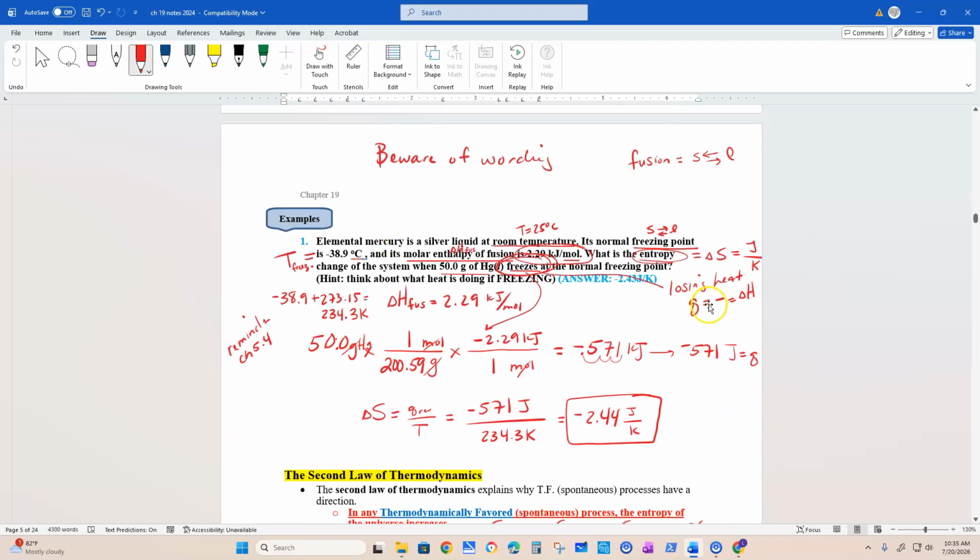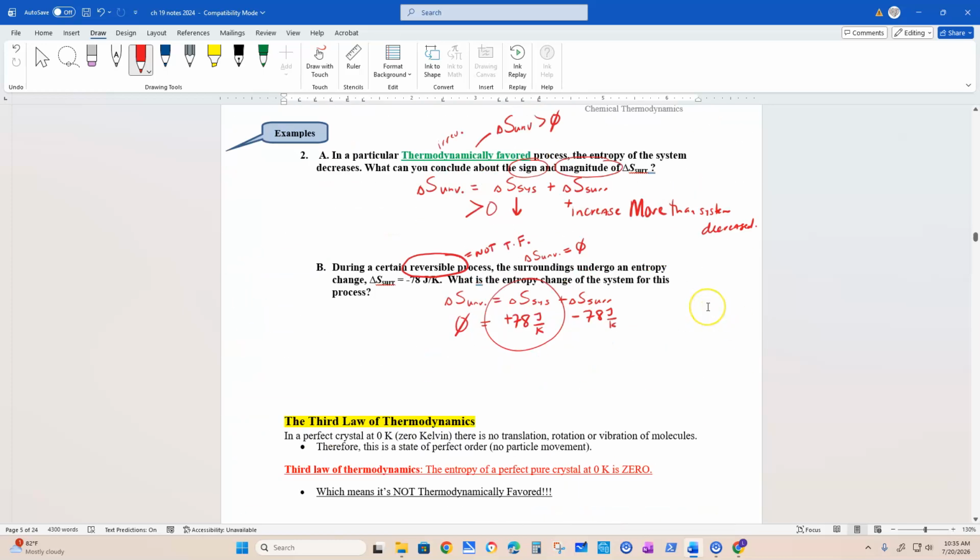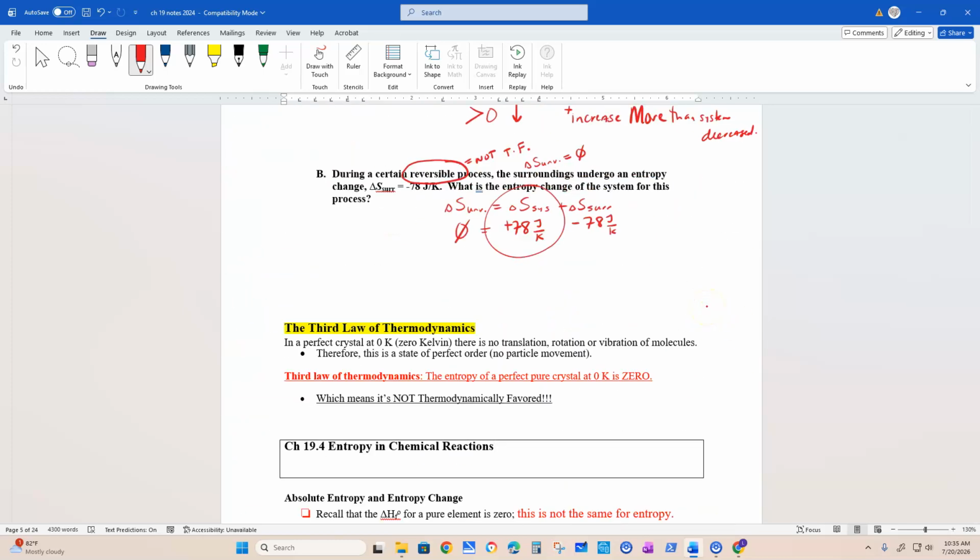Okay, one last thing, third law of thermodynamics, very simple law. A perfect crystal, which means we're talking about a solid, at 0 Kelvin, there is no translation, no rotation, no vibration, which means you literally have stopped movement.